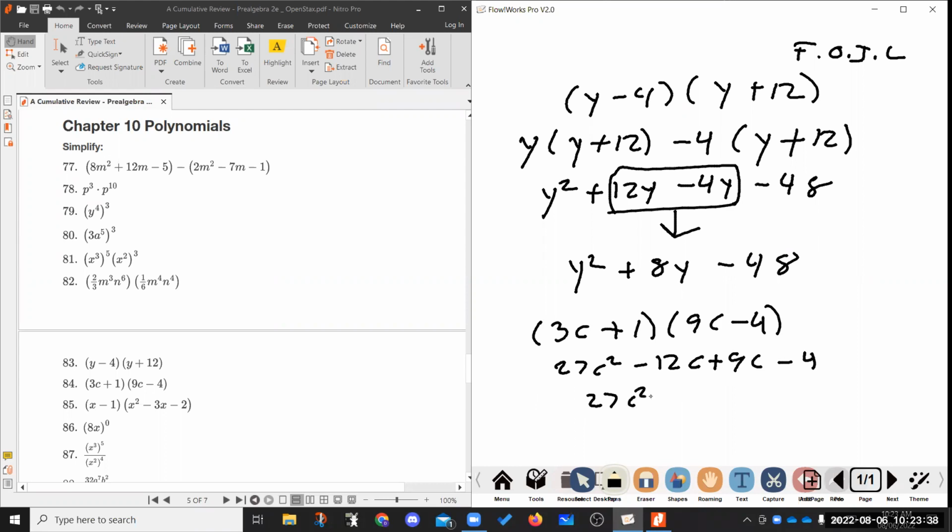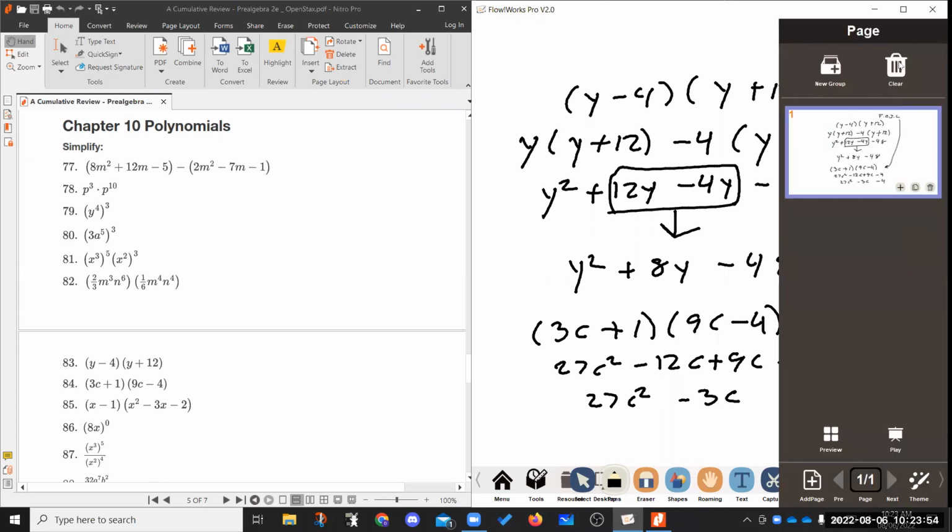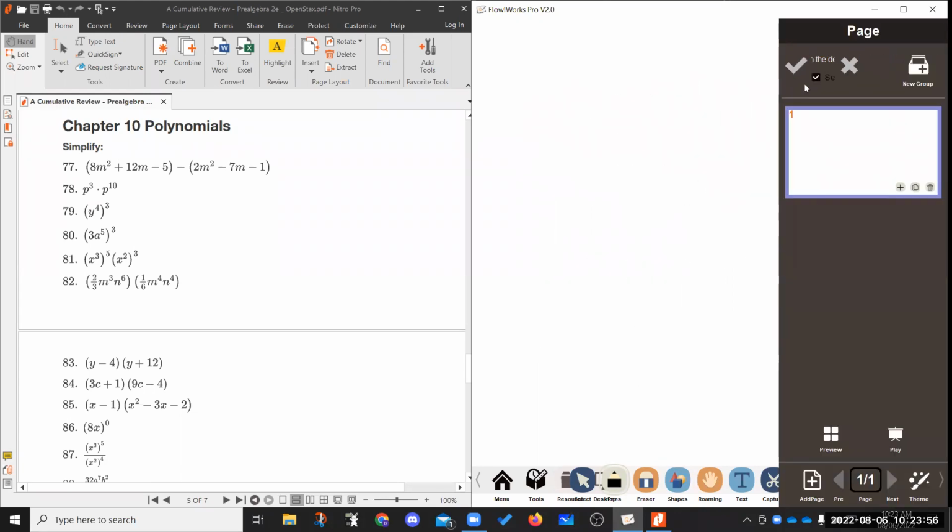Combine those like terms in the middle and you get negative 3c minus 4. So this is the FOIL method down here. First, outside, inside, last.